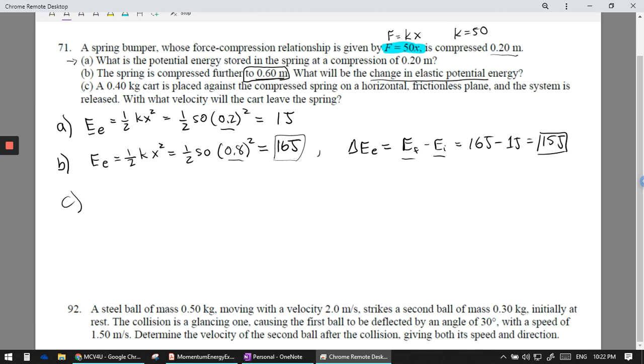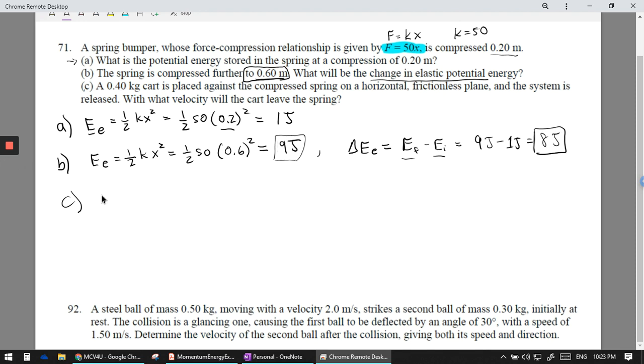This guy right here, it says that the spring is not compressed a further 0.6, but compressed further to 0.6. Okay? And so, everybody, this is actually incorrect. I need a 0.6 right here. I read that incorrectly. And so let me just quickly pause this and readjust these numbers.